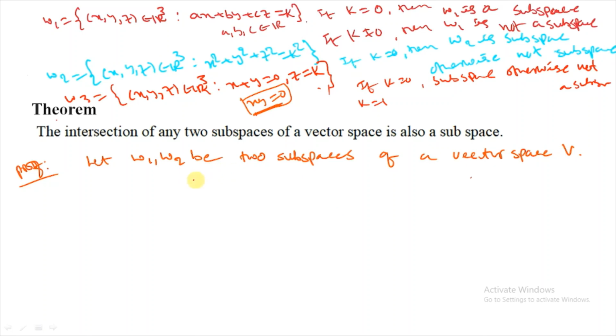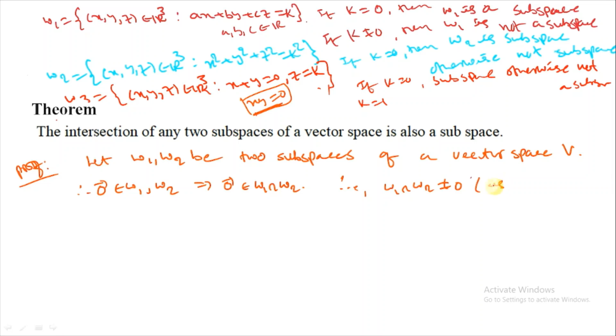Subspaces means they contain the identity, therefore the zero vector belongs to W1 and W2. That implies 0 belongs to W1 intersection W2, that is, W1 intersection W2 is a non-empty set.